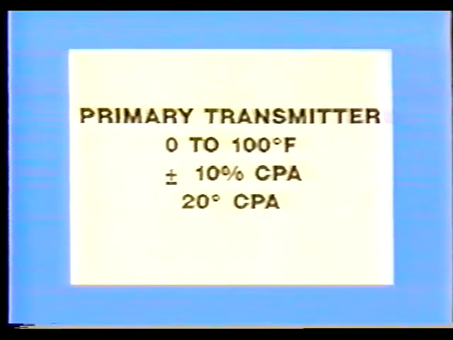For example, using a 0 to 100 degree transmitter, a plus and minus 10% CPA could change the set point 10 degrees up and 10 degrees down for a total of 20 degrees CPA control, or 20% of the primary transmitter.